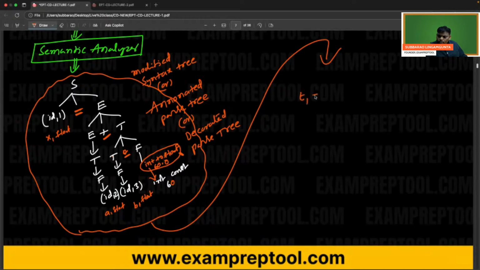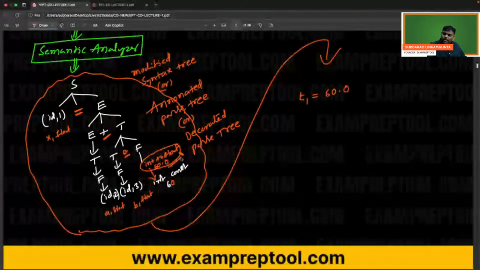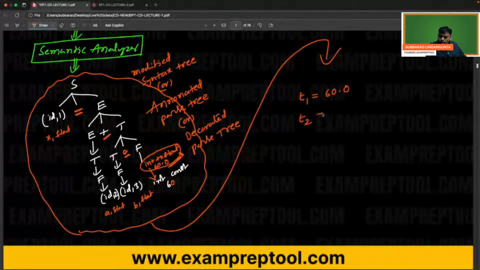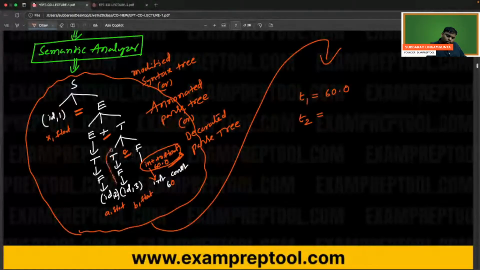T1 is equal to int to float of 60, giving 60.0. So this is the typecasting. Typecasting done, it became 60.0. That is T1. Now see the next one. T2 is equal to, careful everyone, the multiplication operator, left side is B, right side is 60.0, that is T1.